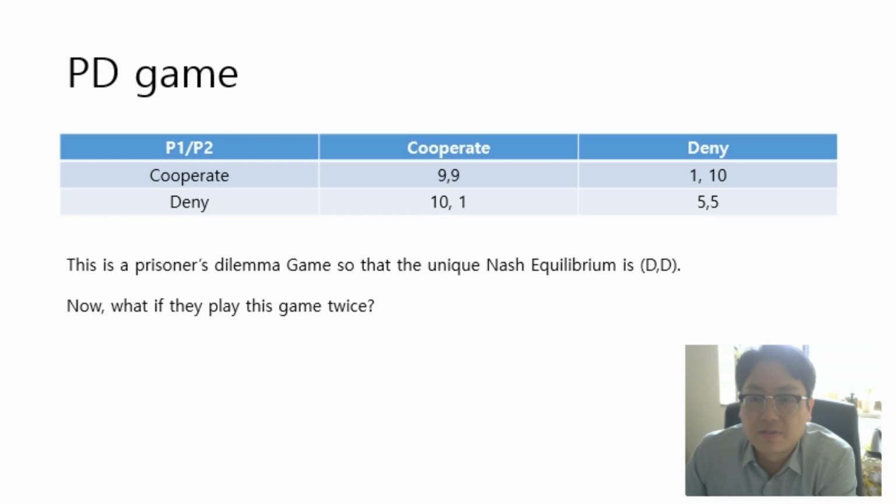As you can expect, because this is the structure of a prisoner's dilemma, here the best response is this, and here the best response is this. If player 1 cooperates, the best response is this, and the best response is this. As you can see, the only Nash equilibrium is deny and deny.